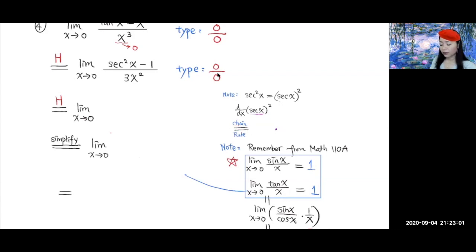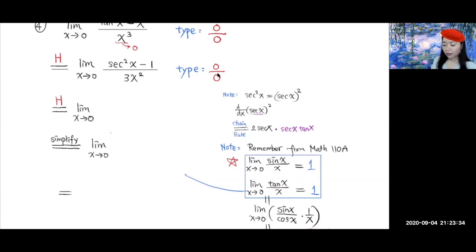The outer function is the square function, so the derivative of the outer function will be 2 times whatever is inside here. Now by the chain rule, we have to multiply by the derivative of this inner function, secant x. The derivative of secant x is secant x tangent x. So we multiply by secant x tangent x.